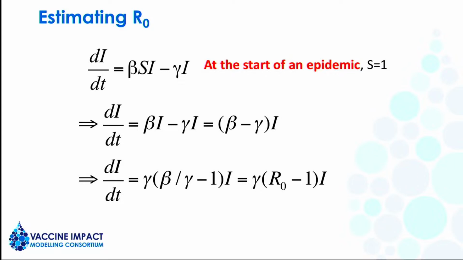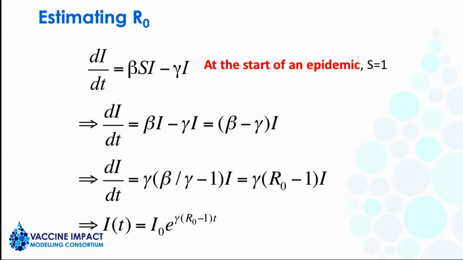Now we've got an equation for exponential growth of the number of infected people at the beginning of an outbreak, in terms of R naught. So if you had time series data with a number of infections occurring per day and it looks like it's growing exponentially, you can use that to start getting an idea of what R naught is in that setting.